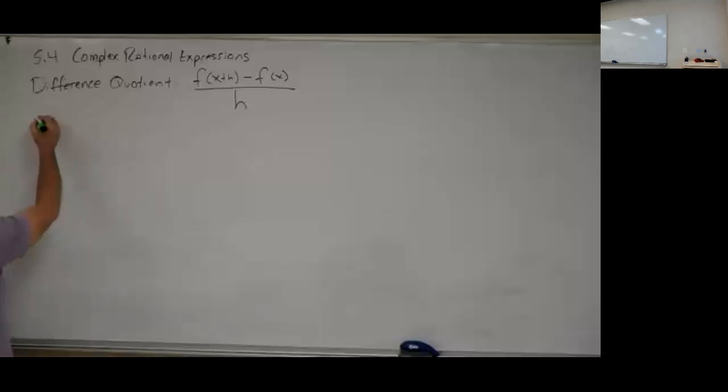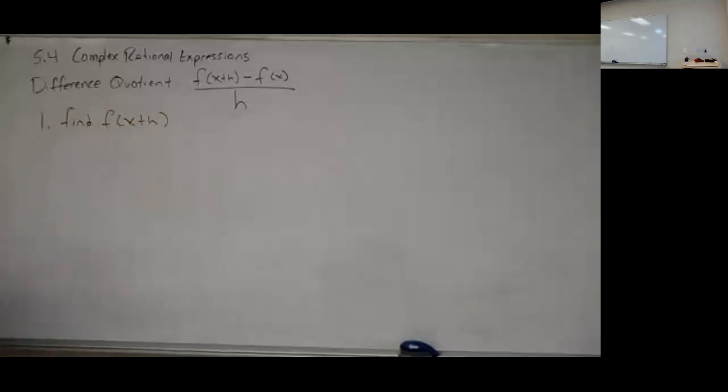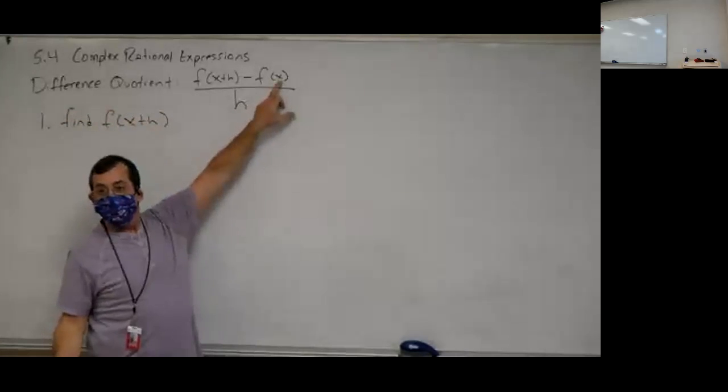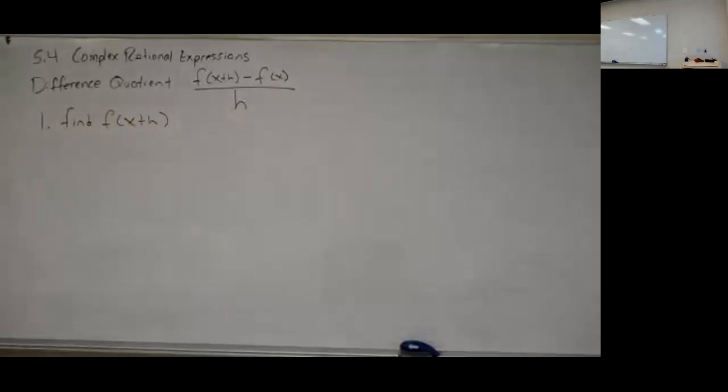So to work this formula, first thing I do is find my f of x plus h. Okay, because they're going to give me the f of x plus part right here, and the h is always just going to be an h on the bottom. So when you get started, you got to figure out what's the f of x plus h part. Then you want to plug that into your formula.